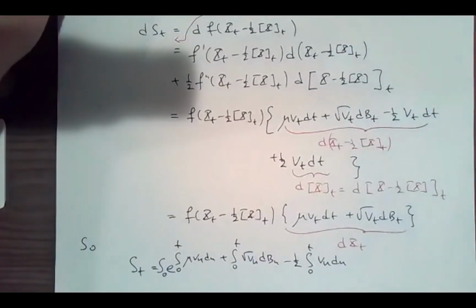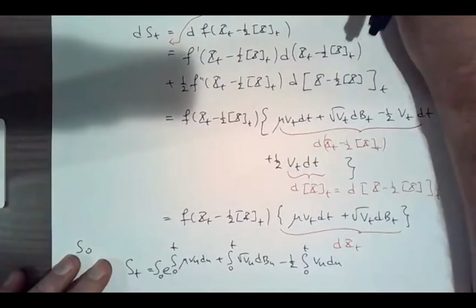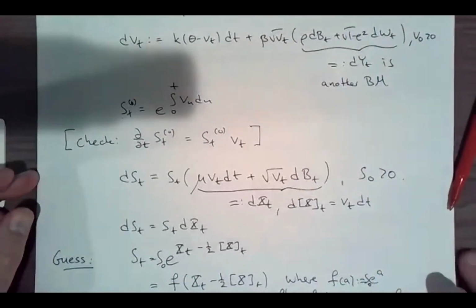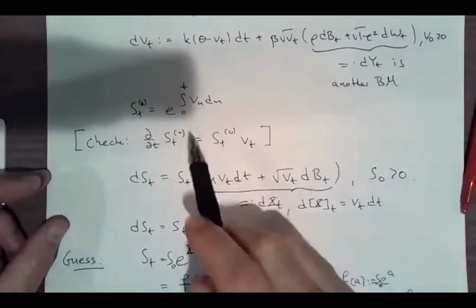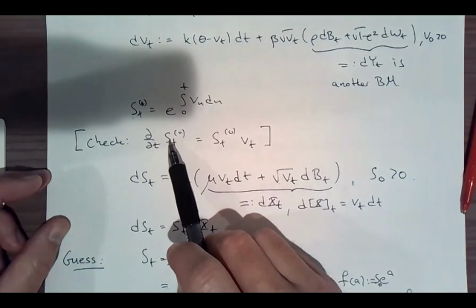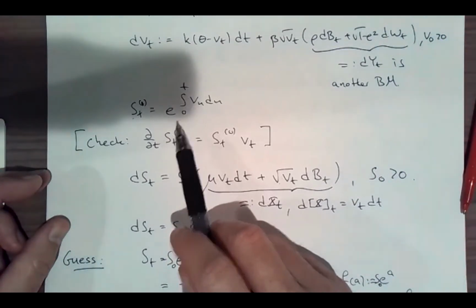Professor. Yeah. Quick question about the Ito stochastic process. When we took the partial derivative, why did the exponential, it looks like it disappeared to me for some reason.